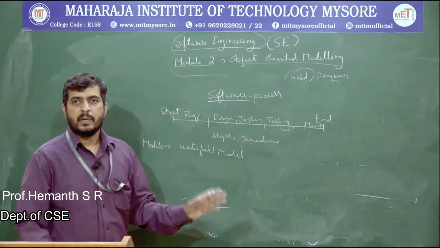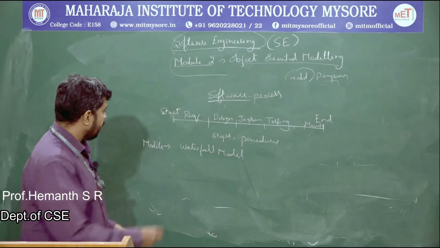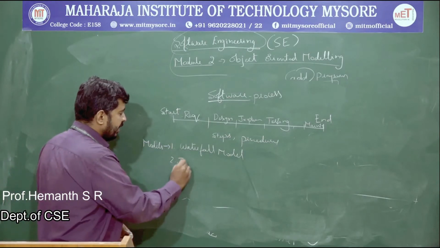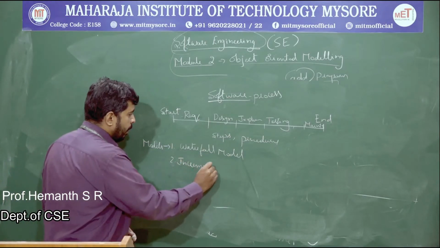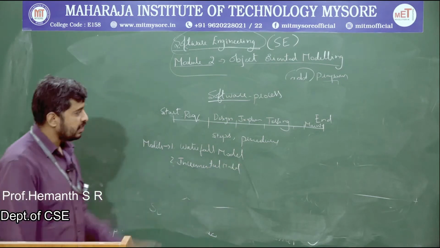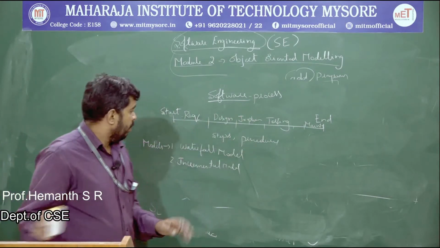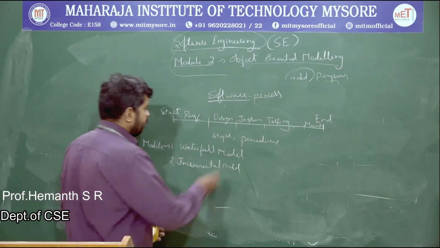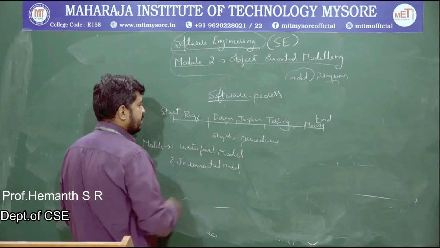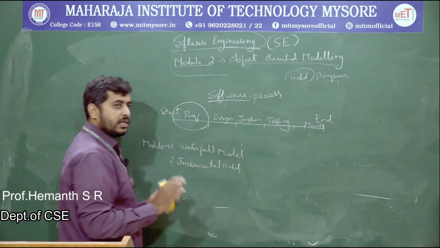Many drawbacks and limitations were highlighted, because of which we came out with the next model, the incremental model. What exactly happens in the incremental model? We do not go in sequence. We have some set of requirements, and please note it is not complete.